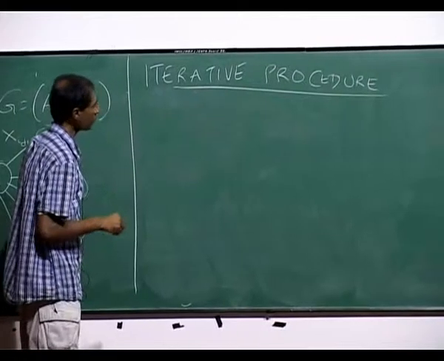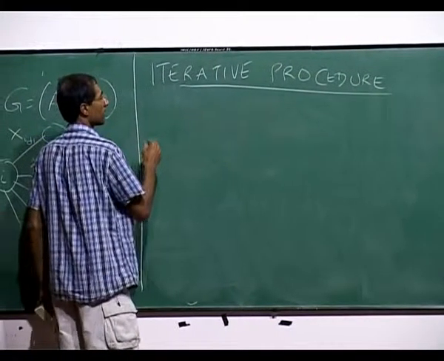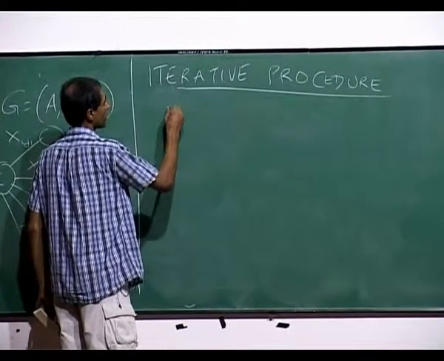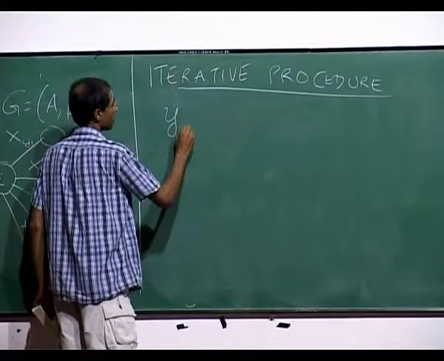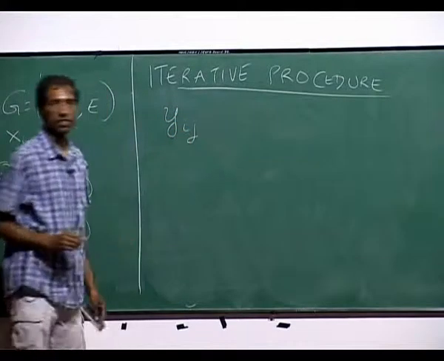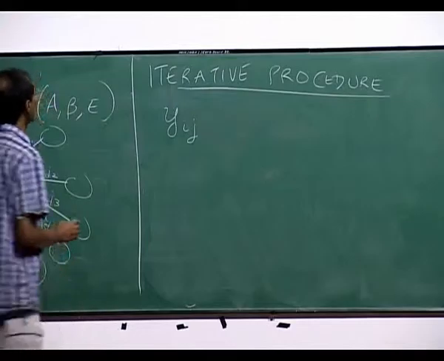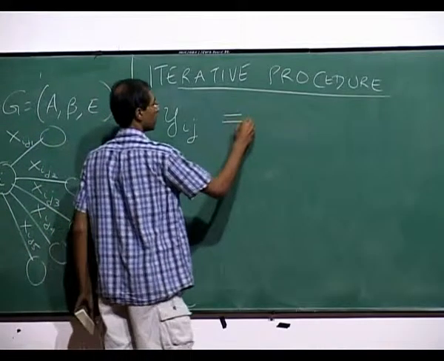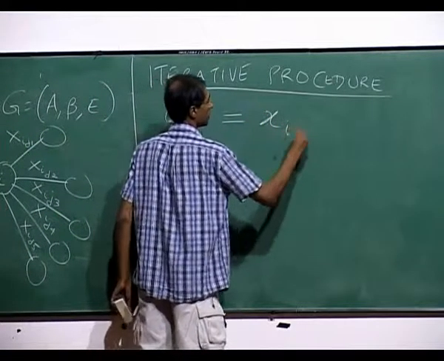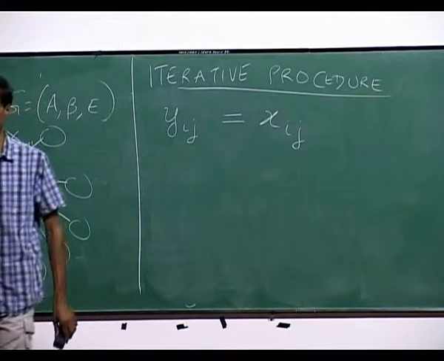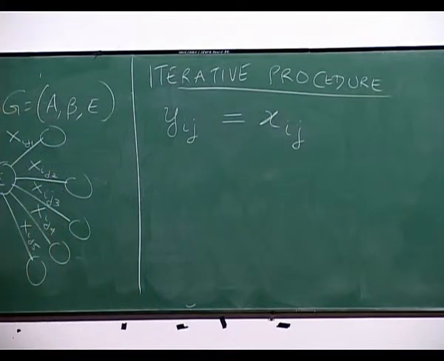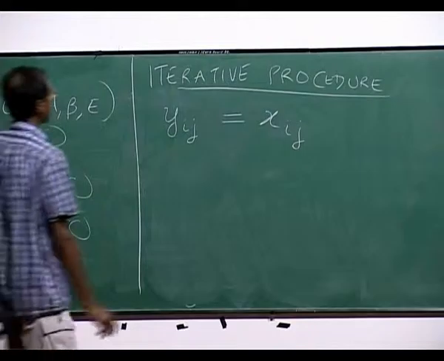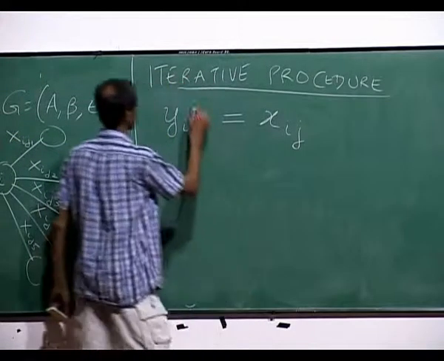Initially we maintain a variable called yij, which is the same as xij. This is the variable that we'll keep changing.